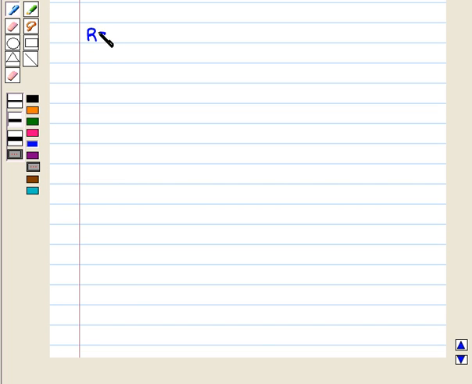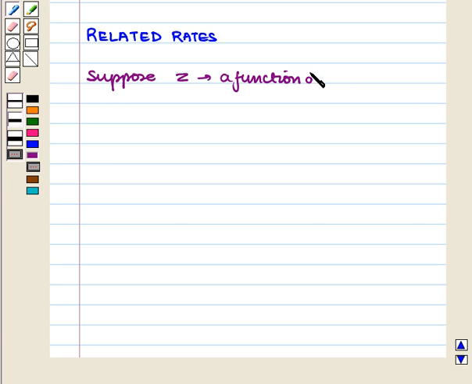Now we come to related rates. Suppose we have z, a function of y, and y a function of t. We want to find dz by dt.